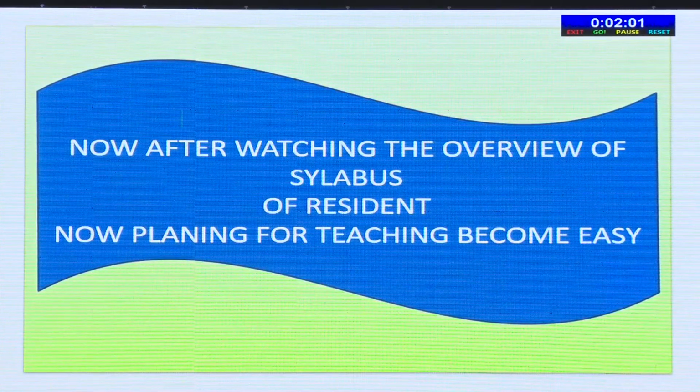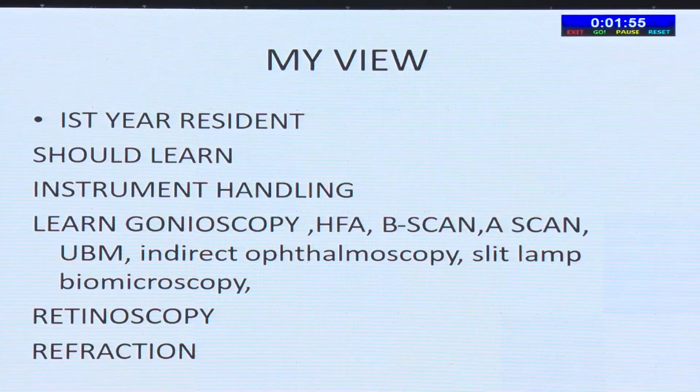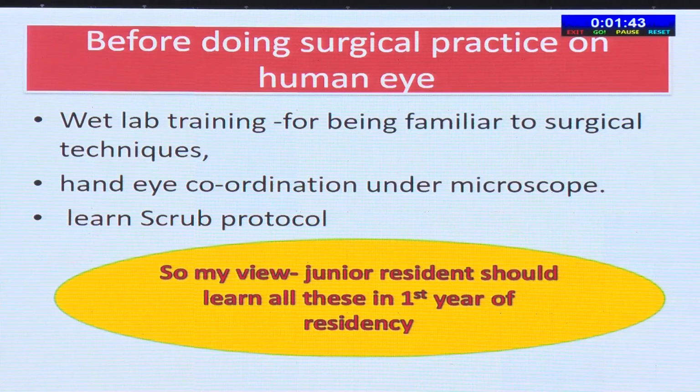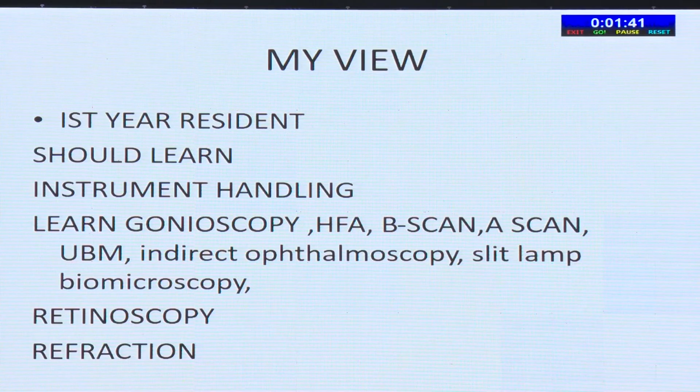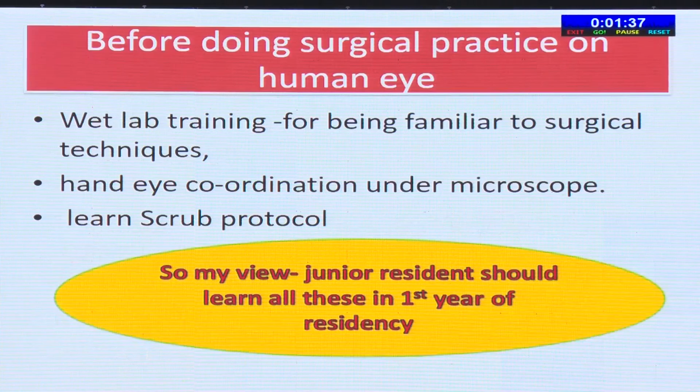Now, after watching the overview of the resident syllabus, planning for teaching becomes easy. In first year, residents should learn instrument handling, gonioscopy, HFA, B scan, A scan, UBM, indirect ophthalmoscopy, slit lamp biomicroscopy, retinoscopy, and refraction.